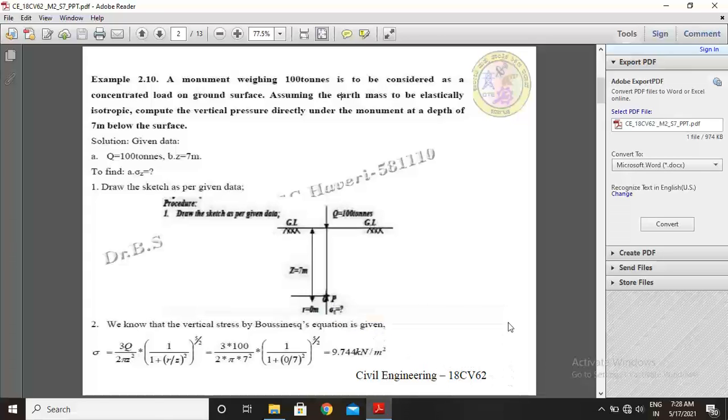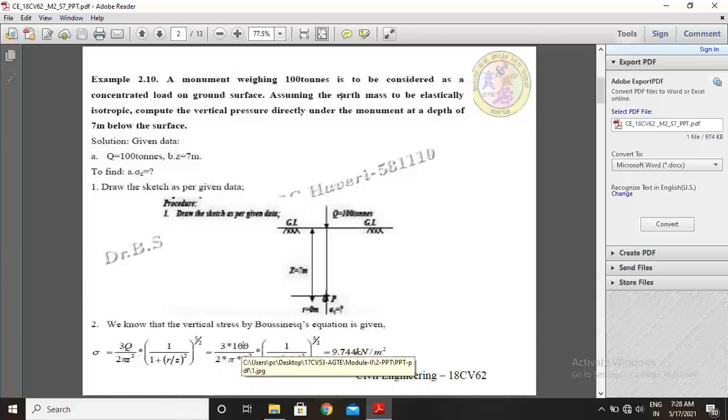Second step, we know that the vertical stress by Boussinesq's equation is given by sigma Z equal to 3Q by 2 pi Z square into 1 by (1 plus (r by z) square) whole to the power of 5 by 2. In this equation you substitute the values.